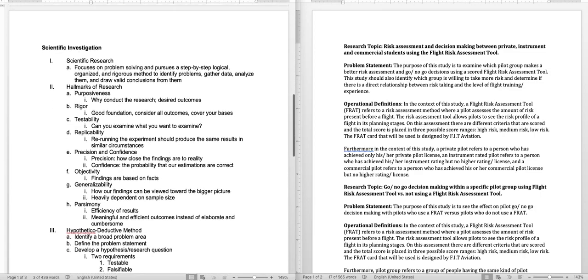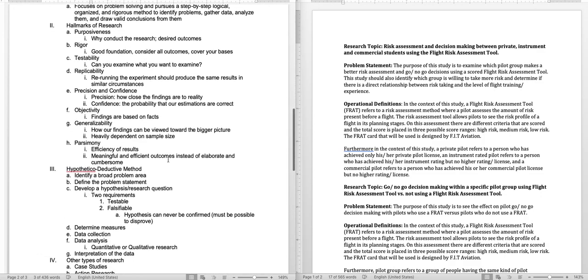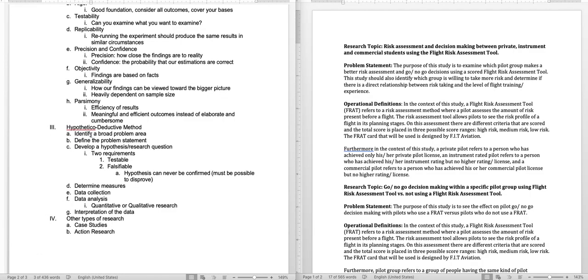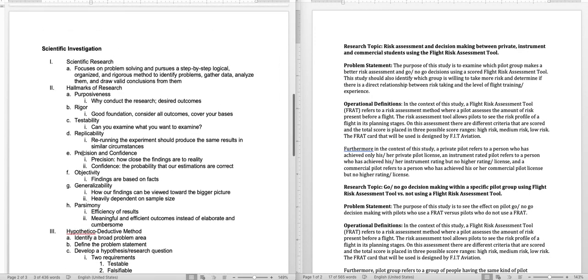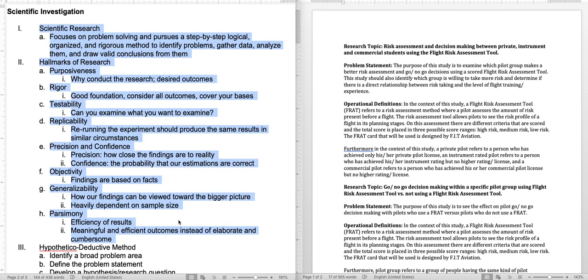So, scientific investigation: in terms of scientific research, what are some of the things? I'm going to cover some of them, and then we'll stop. I just want to cover the scientific research and the hallmarks of research to start off this course. So again, our purpose is to focus on problem solving. We use a step-by-step, logical, organized, and rigorous method to identify a problem and identify the variables that we want.